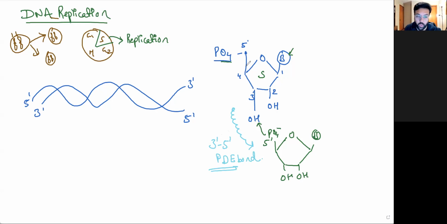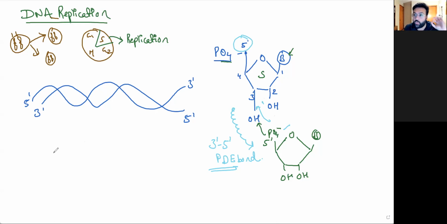Now I want you to notice that we are replicating the DNA from the 5 prime end to 3 prime, because every time the phosphate of the incoming nucleotide comes, it is going to attach to the 3 prime end of the previous nucleotide. So we are going to replicate from 5 prime to 3 prime. Know this fact.